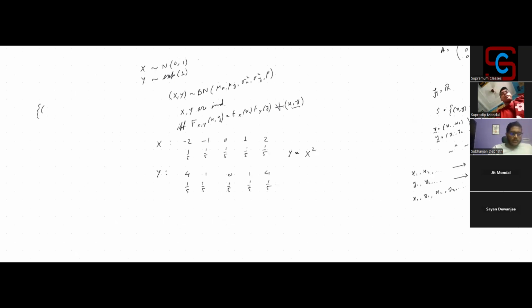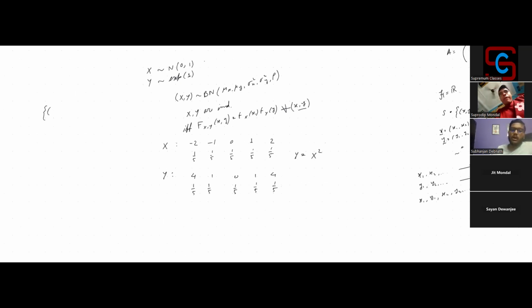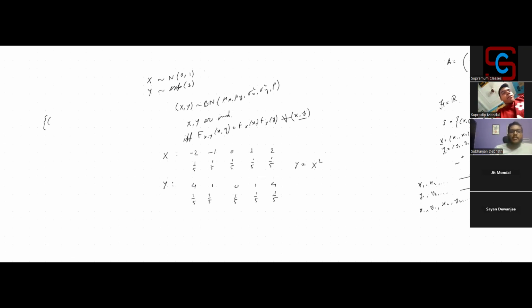Now, suppose I have one standard normal random variable, x, as you have written here. Can you tell me, by squaring it, we will end up with which distribution?